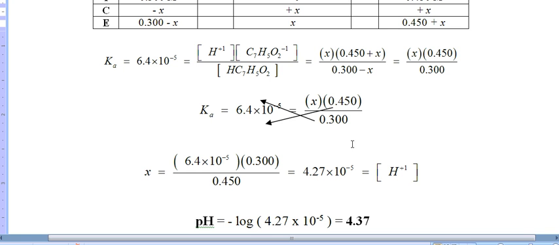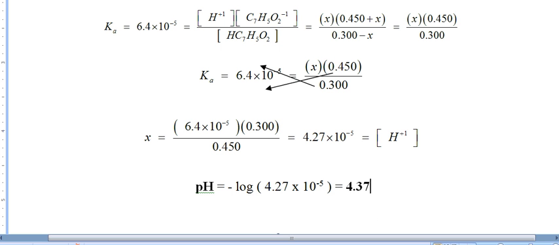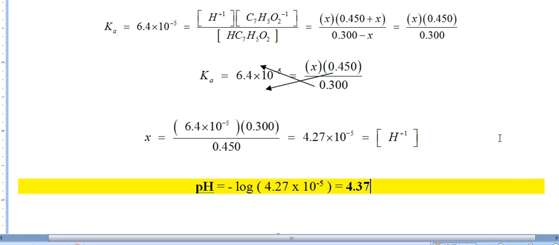Solving for the hydrogen concentration, we'll rearrange the variables and have hydrogen separated and alone. In this case we're solving for x, and x happens to be the hydrogen ion concentration at equilibrium. To find the pH, take the negative log of the hydrogen concentration, and when the 2 solutions are brought together, we have a buffer solution that has a pH of 4.37.